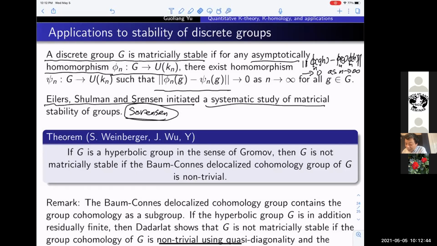So here is one sample example we can do. For example, if G is hyperbolic in the sense of Gromov, then G is essentially never so-called matricially stable.